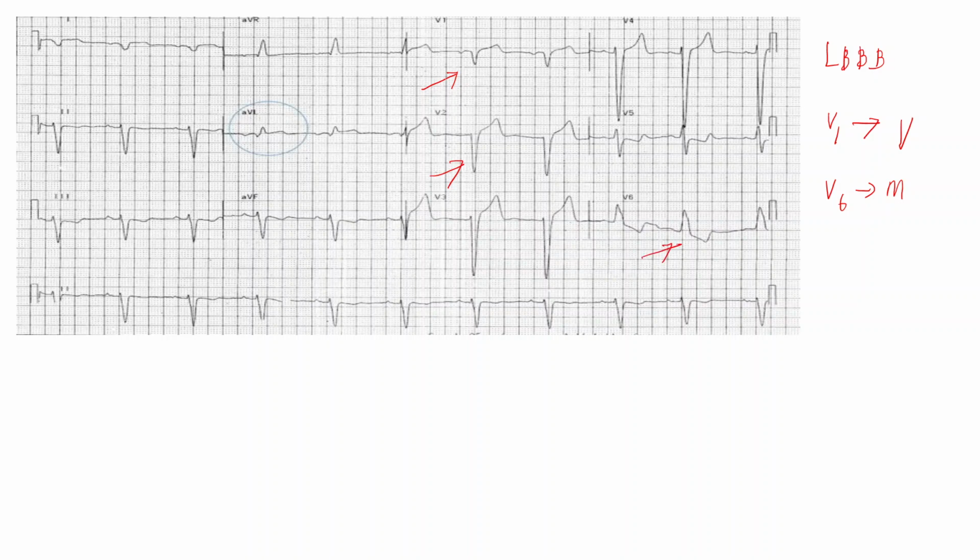In V5, V6, the QRS complex will be positive. Then you have to understand what is meant by concordant and discordant. If the changes in the ST segment are in accordance with the QRS complex, that means ST elevation is happening in the same direction as the QRS complex, then it is known as concordance.